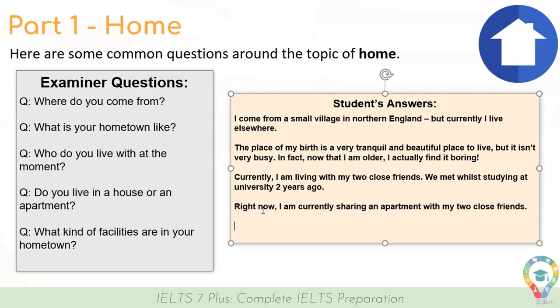So what kind of facilities are in your hometown? I'm going to say that we're from a busy city. As I live in the city centre, there are many facilities available to use around the clock.